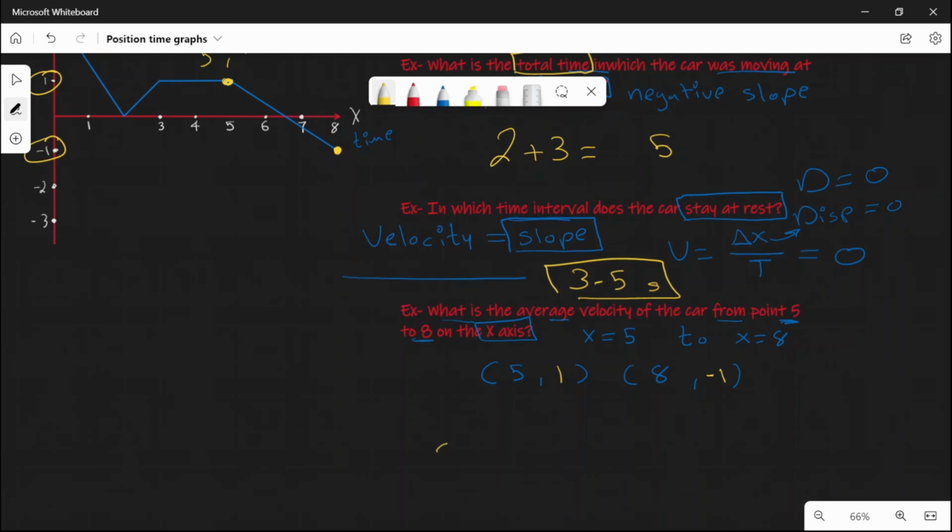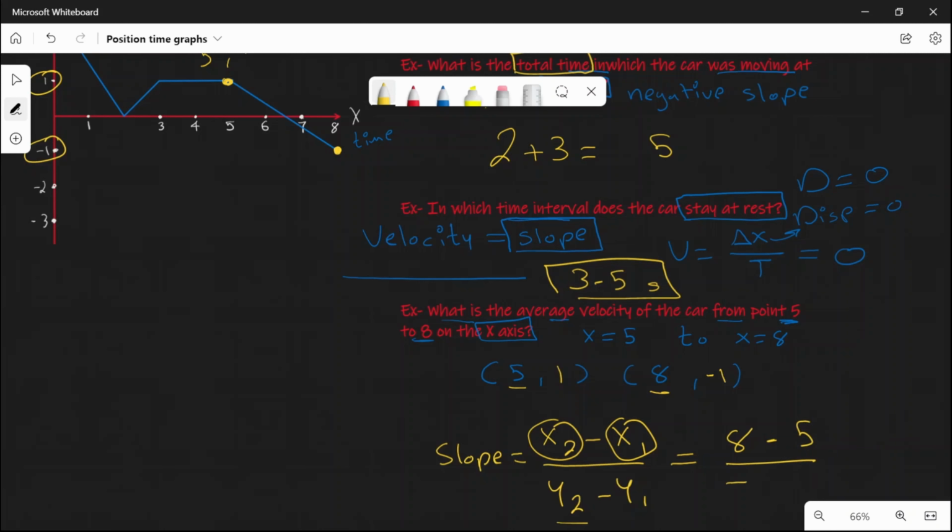Now it is time to apply the slope formula, which is equal to y2 minus y1 over x2 minus x1. x2 is equal to 8 and x1 is equal to 5. y2 is equal to negative 1 and y1 is equal to 1.